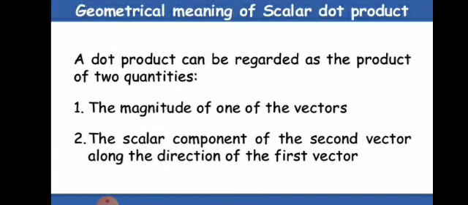A dot product can be regarded as the product of 2 quantities: the magnitude of one of the vectors and the scalar component of the second vector along the direction of the first vector.